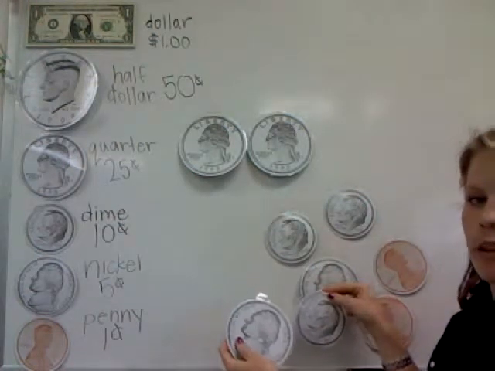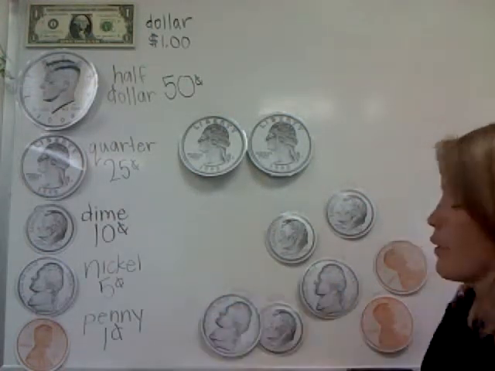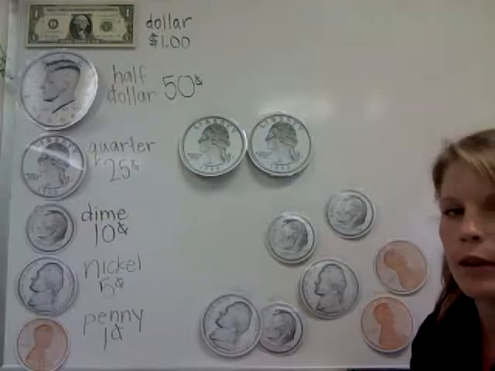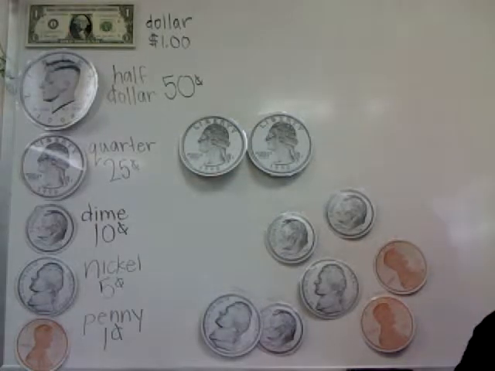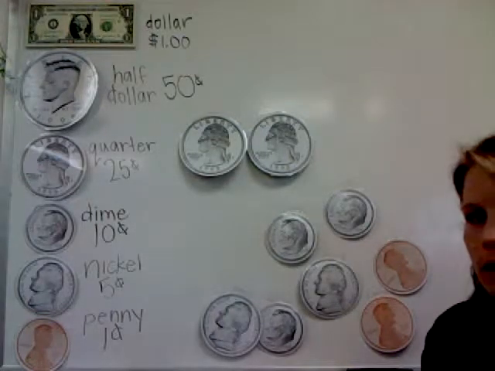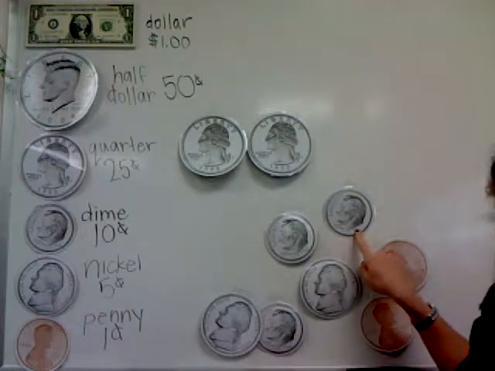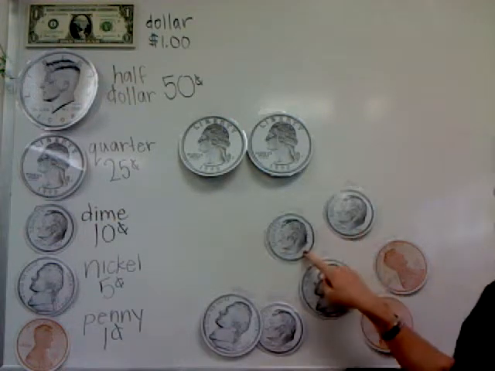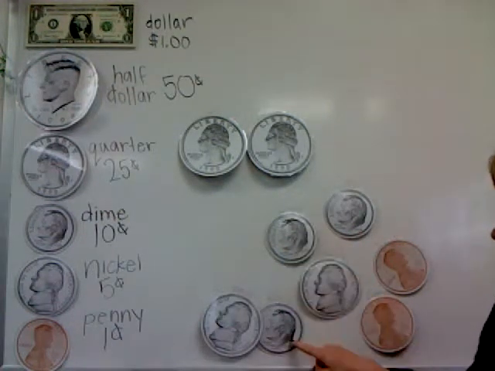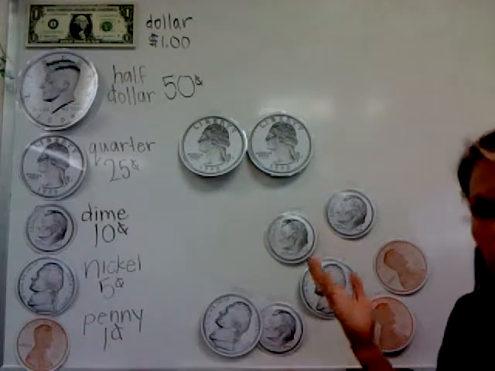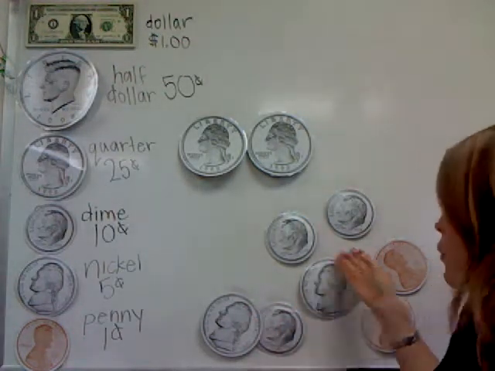Okay, I don't have any more quarters. So now what will be next? Go ahead and point. Good. Did you point to this dime? Or maybe this dime? Or maybe this one? I hope so. All three of them would go next.